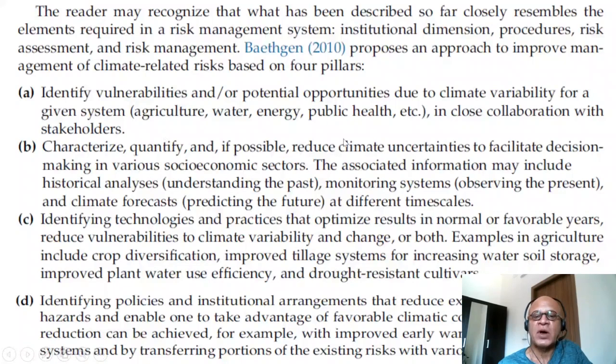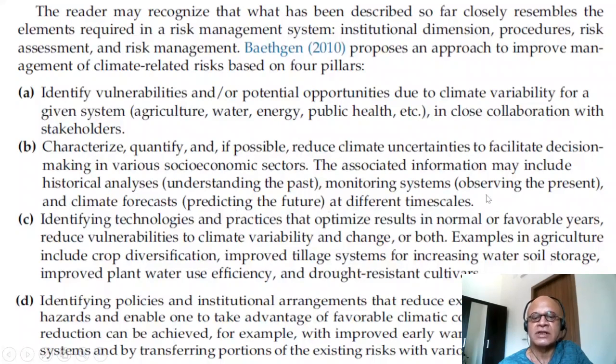Characterize, quantify, and if possible, reduce climate uncertainties to facilitate decision making in various socio-economic sectors. The associated information may include historical analysis, understanding the past, monitoring the systems, observing the present, and climate forecasts, predicting the future at different timescales.